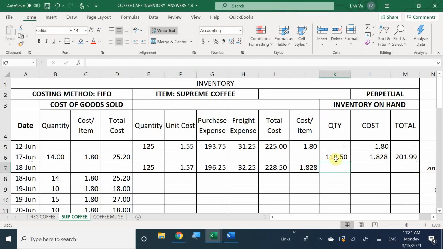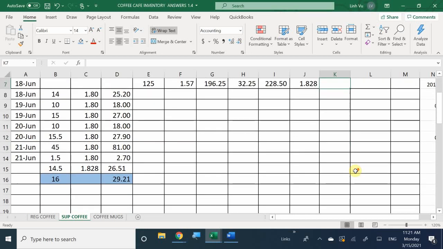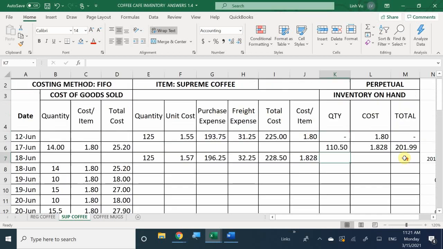Good. Right? Bringing my grand total to be 201.99. Okay? So we got to keep an eye on that because 26.51 minus what we originally started should equal 99 cents at the very end.